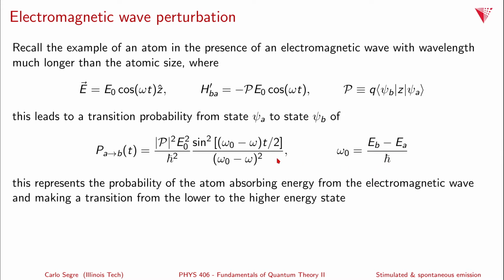So this represents the probability of an atom absorbing electromagnetic radiation and rising from state A to a higher state B. This is an absorption probability.